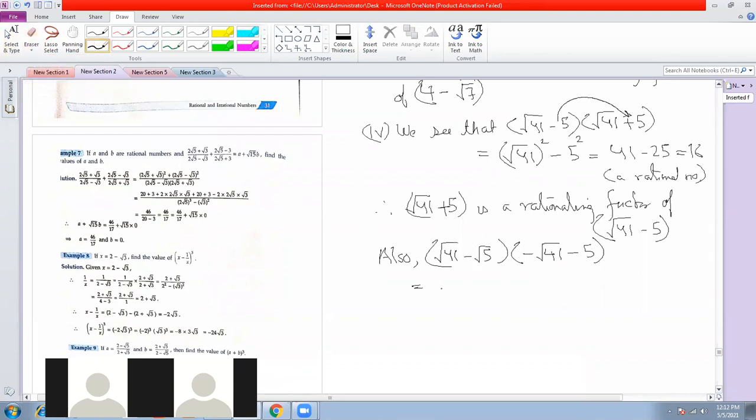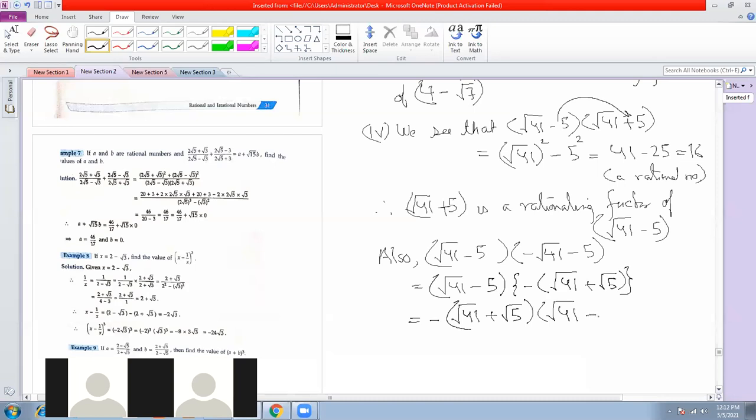Just as earlier, you will see that we have minus root 41 plus 5 into root 41 minus 5.